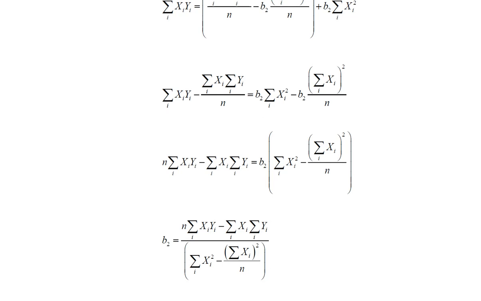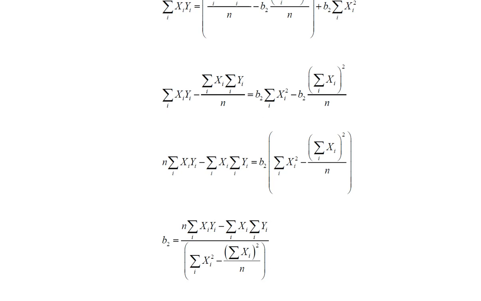Now multiplying this term by n, n sum of xi yi, when we multiply here, this n cancels out, and this n sum of xi yi is equal to b2, and on the right side take b2 common.